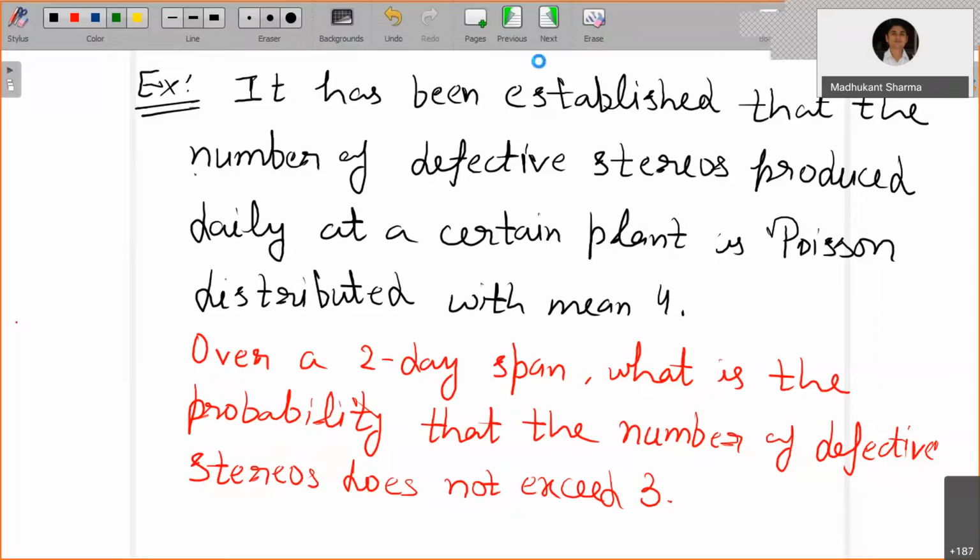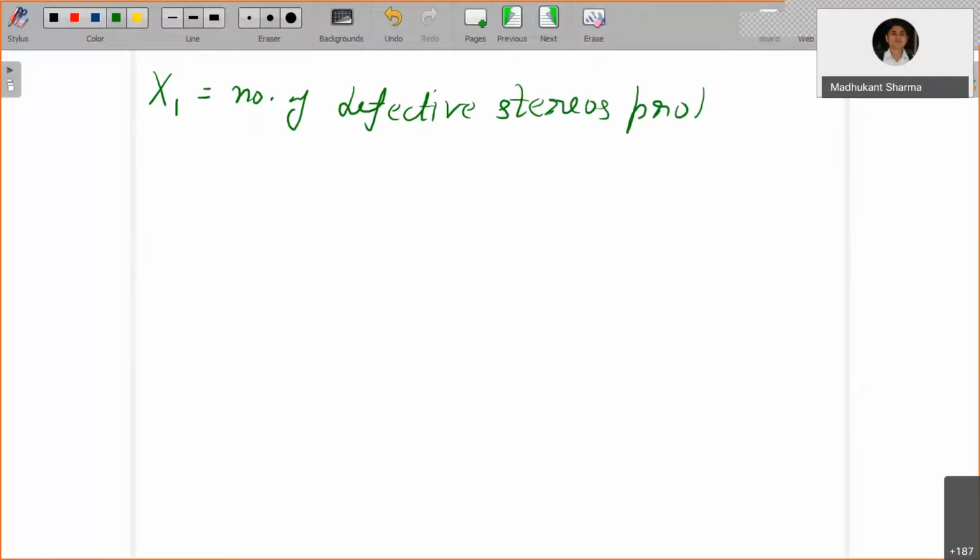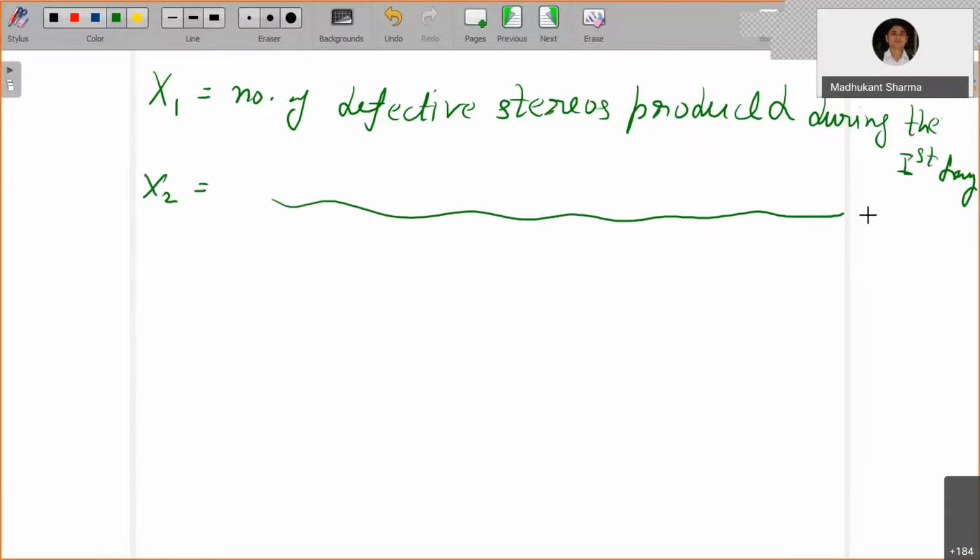So I can define 2 random variables. Let X1 denote the number of defective stereos produced during the first day, and let X2 denote the number of defective stereos produced during the second day.